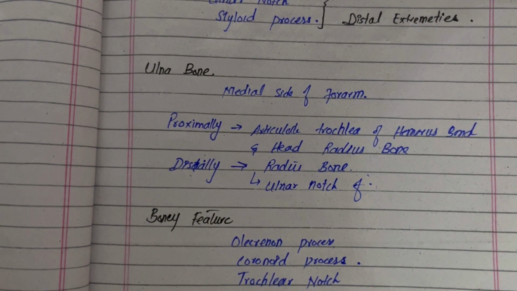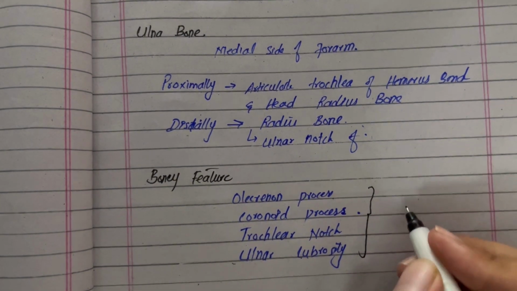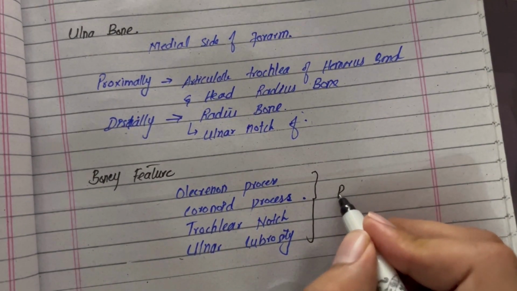Students, the olecranon process, coronoid process, the trochlear notch, and the ulnar tuberosity all lie at the proximal extremities.